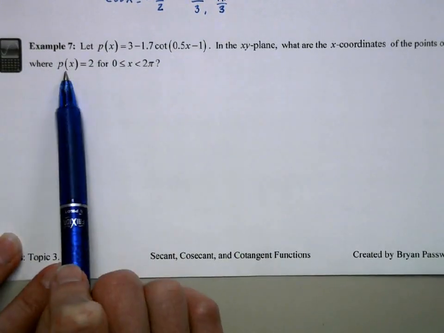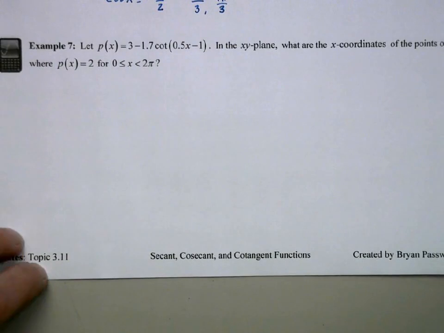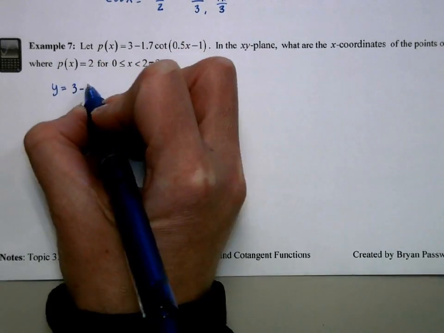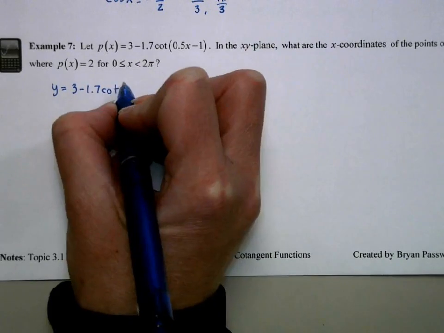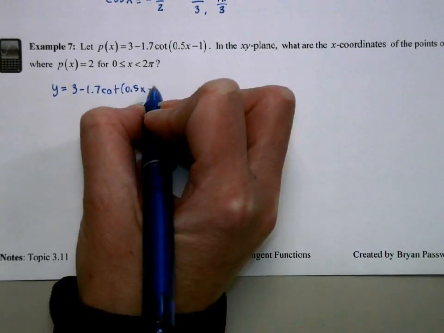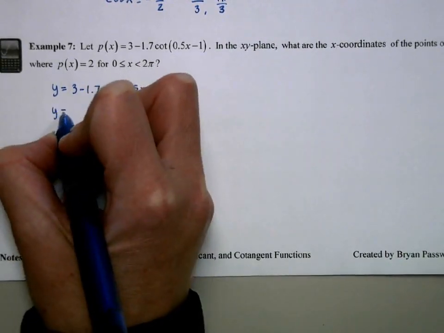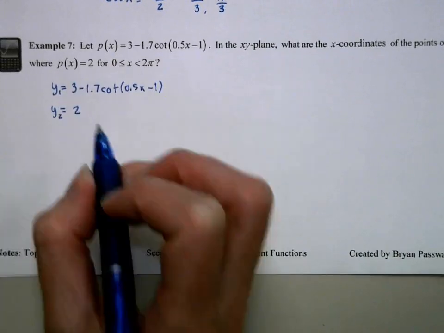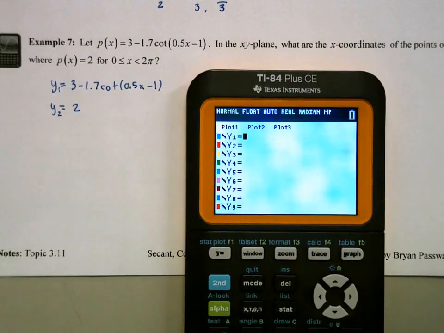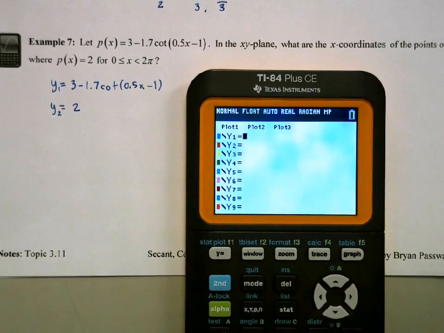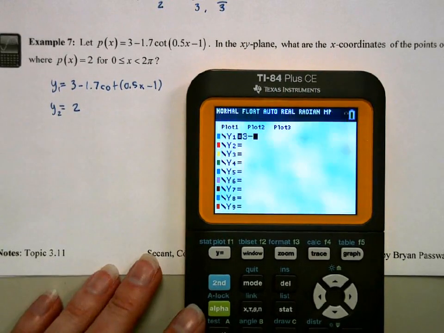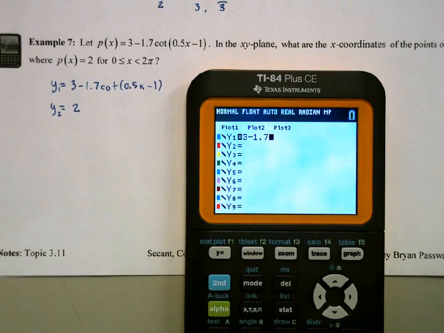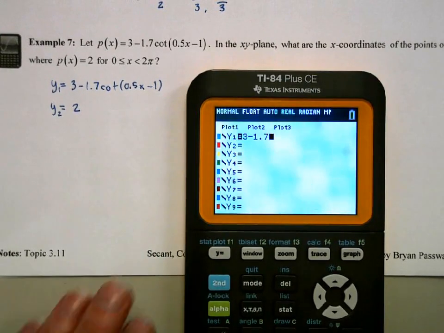So I'm going to put p of x in my y1 and put 2 in my y2. All right, so I'm going to enter this in. We've got 3 minus 1.7, and we have cotangent. We don't have a cotangent button on our calculator. We have a sine, a cosine, and a tangent.